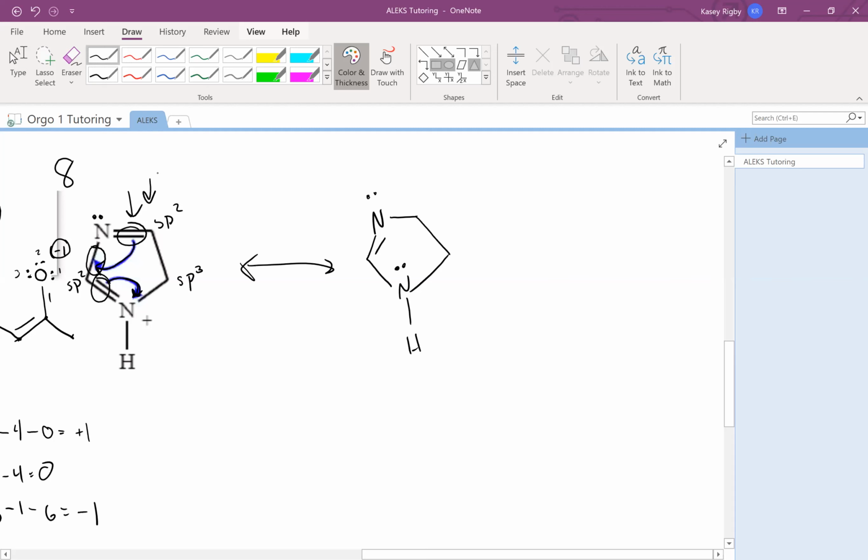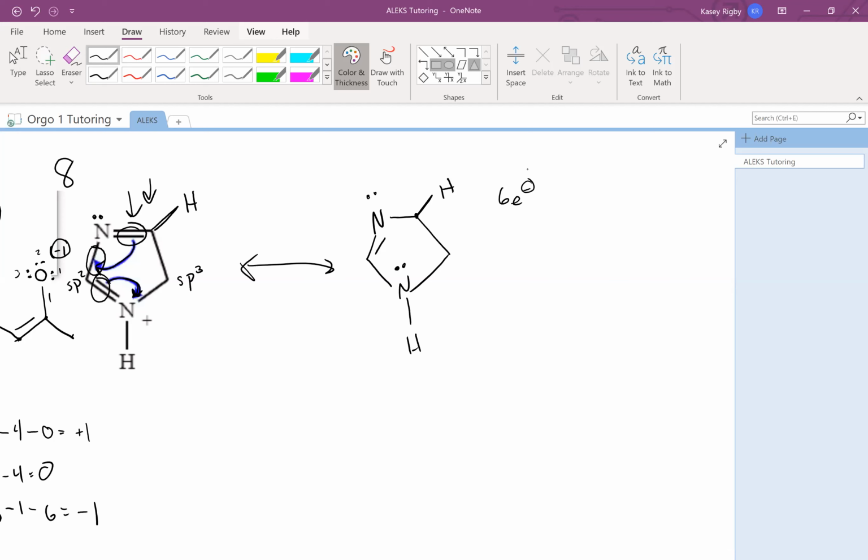If this carbon here was sp2 before, that means it only has one hydrogen, which means that this carbon here still only has one hydrogen, which means that it only has 6 electrons around it. This is okay because we're not invalidating the octet rule because we're not going above 8. If we go above 8, that would invalidate the octet rule. If we go below, that's okay as long as the net charge stays the same.